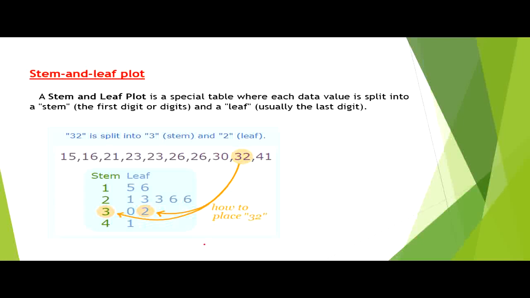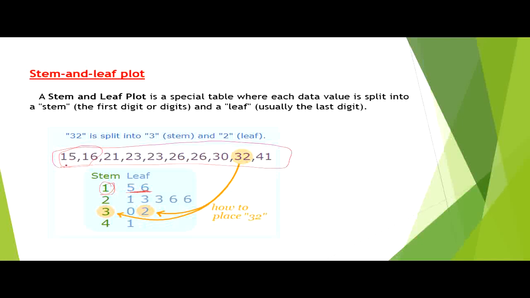We have a data set here. So this is our sample. How many elements are there? Just count: 1, 2, 3, 4, 5, 6, 7, 8, 9, 10. 10 elements. The first 2 are starting with 1. So first write the stem, and you can write 5 or 6. Under 1 there are 2 elements.